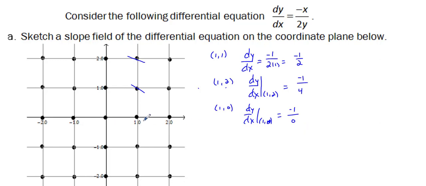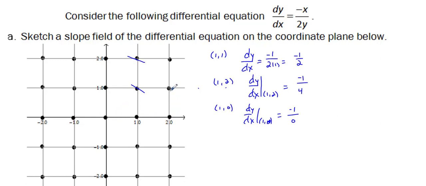You just leave it blank because it's undefined, right? Every once in a while you might see one drawn, but typically we would not draw them. Okay? So what do you know about every time y is 0? So we don't have to draw any of these vertical tangent lines, right? Okay? All right. So let's pick some more values.